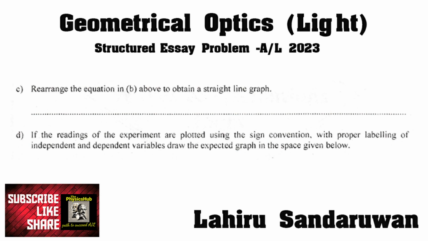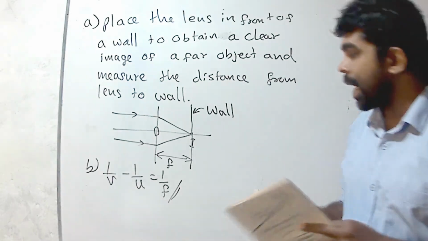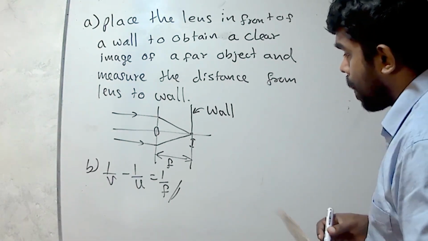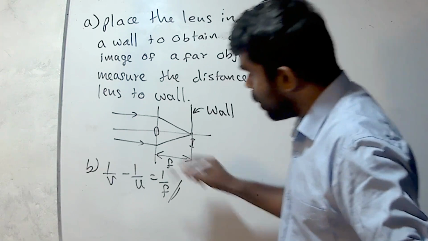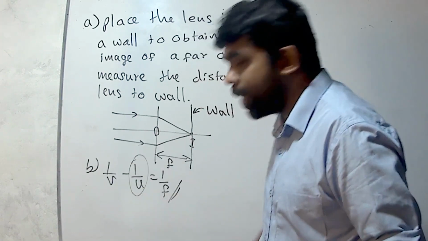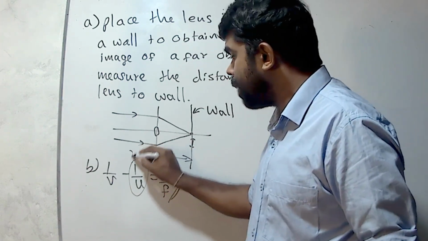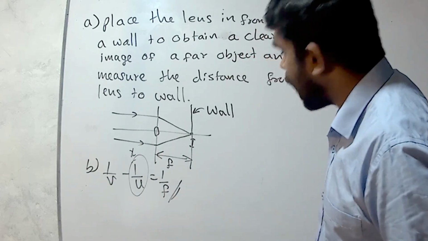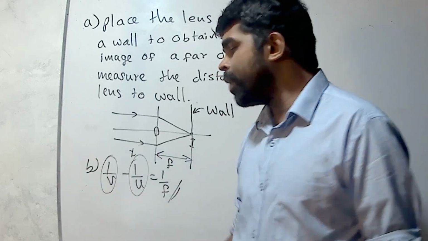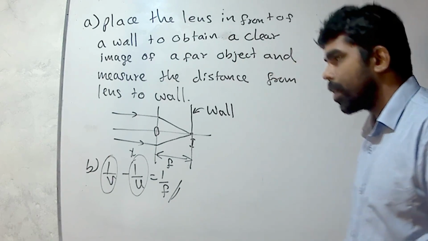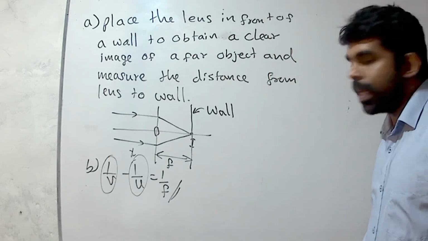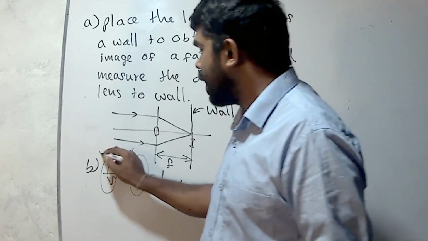In part C, rearrange the equation in B above to obtain a straight line graph. We can change the u value, the object distance. Then it is the independent variable, so we put it on the x-axis. The v value is the dependent variable, so we put it on the y-axis.